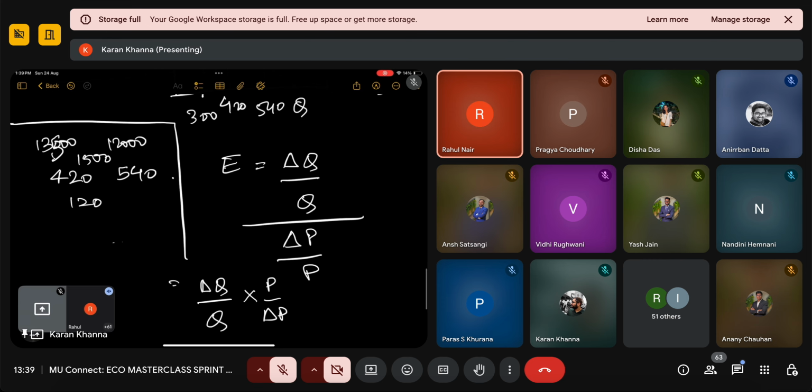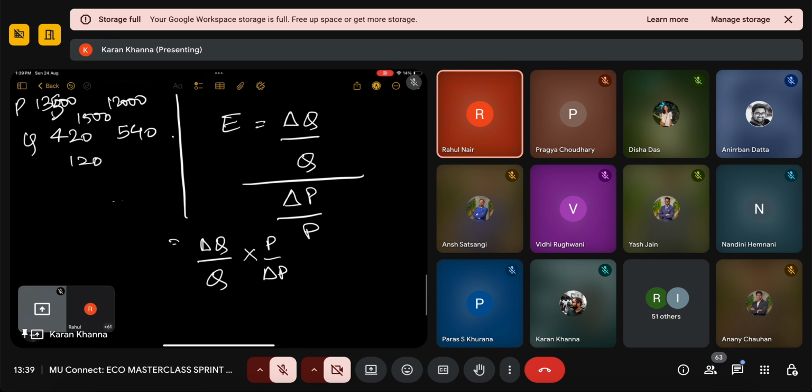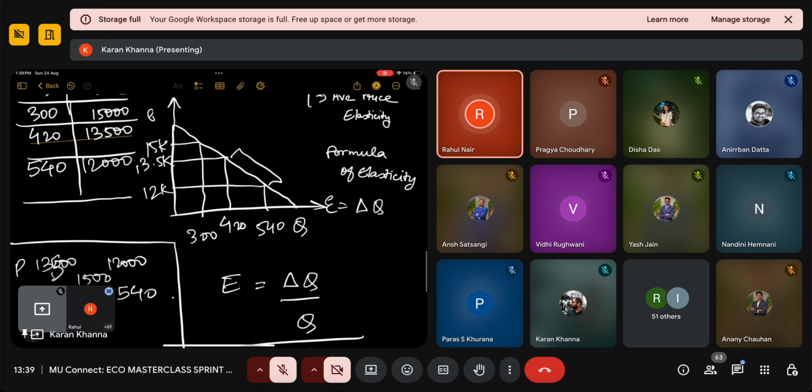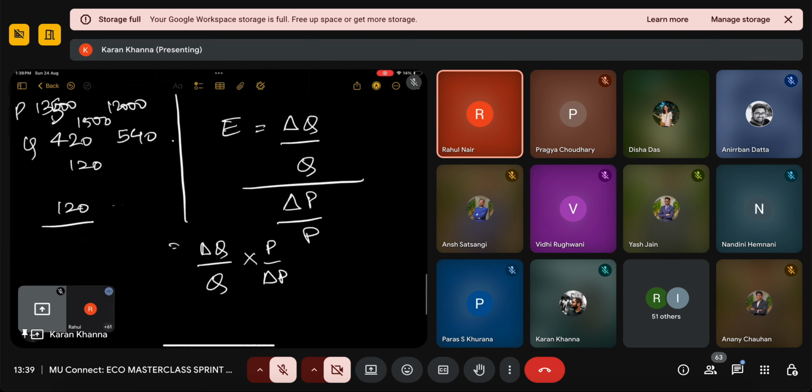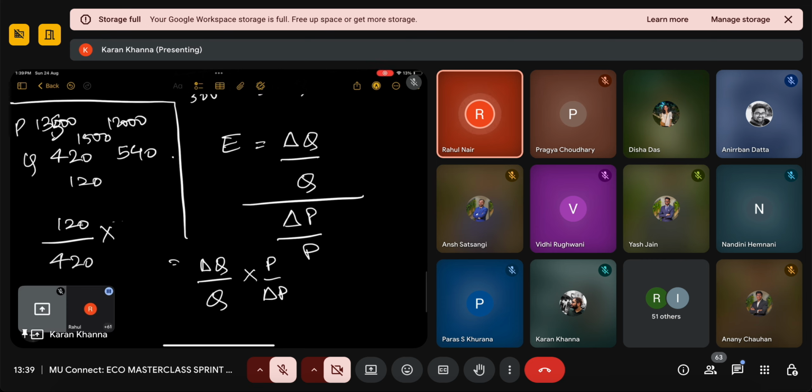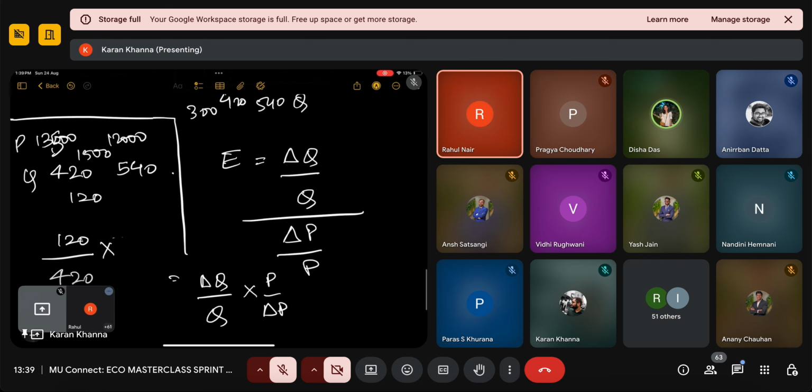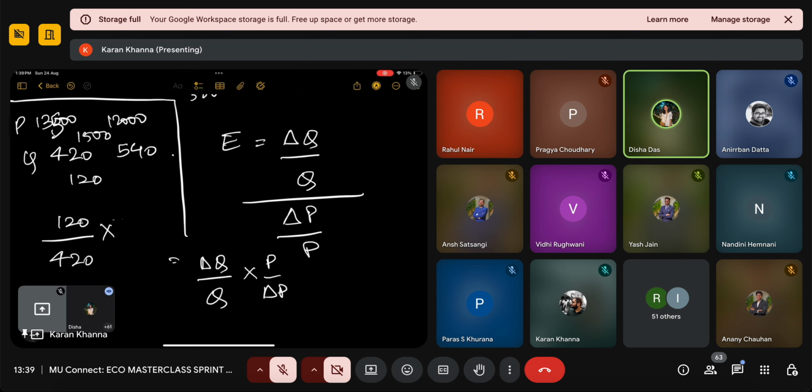So what was the change in quantity? This is 120. And what was the initial quantity? Let's take the initial quantity to be 420, multiplied by the initial price.